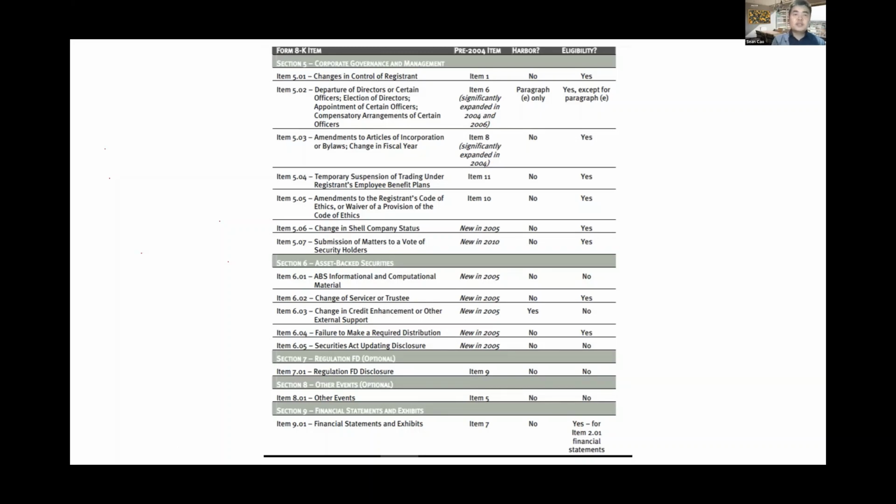That's the purpose of 7.01, and the purpose of Reg FD, which means the news should not be available only to a small group of people. The news should be available to the whole market. That's why the company needs to disclose the news one more time in 7.01. And 8.01 is for any other news not classified in the previous categories.